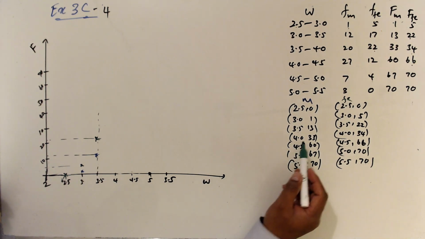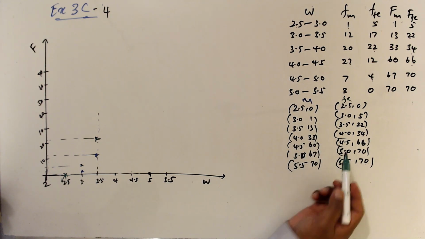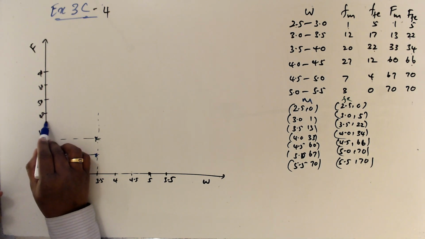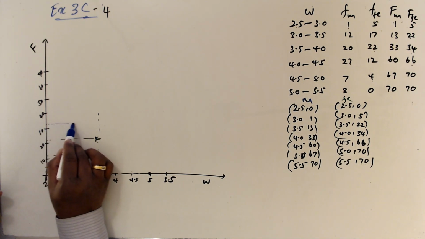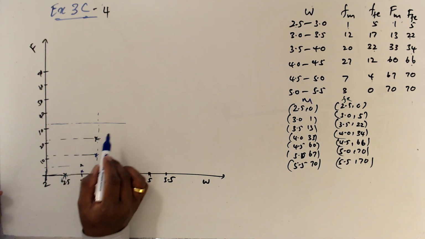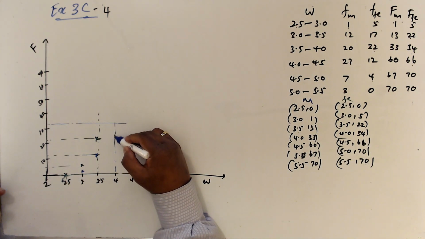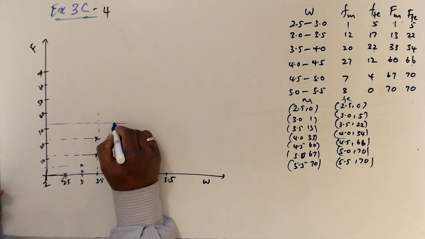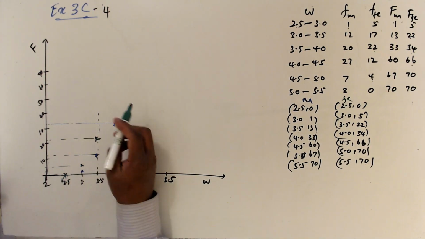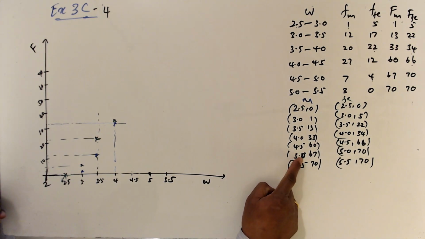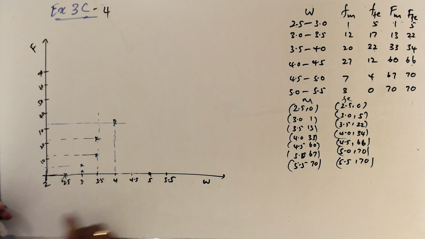And when it's 4, watch for 33 and 34. That is very close. This is 33, so 34 on top of it. And at 4.5, 60 and 66.